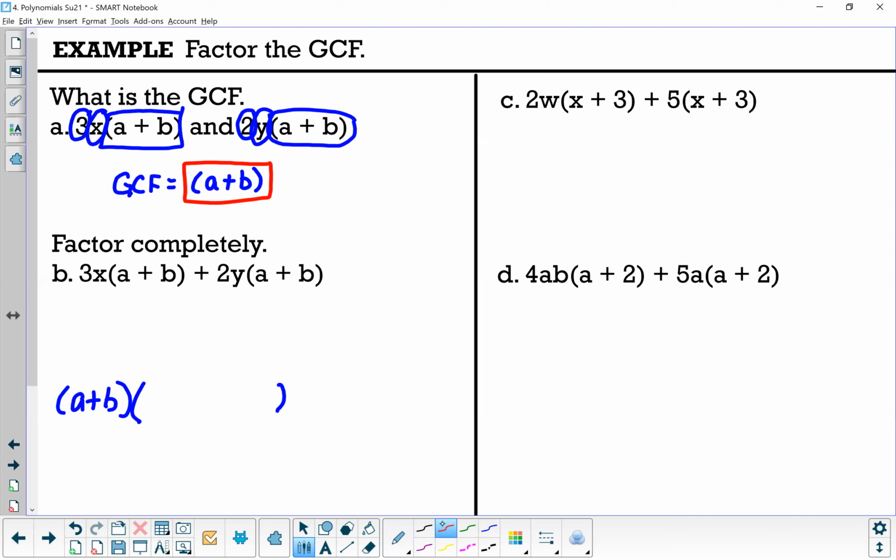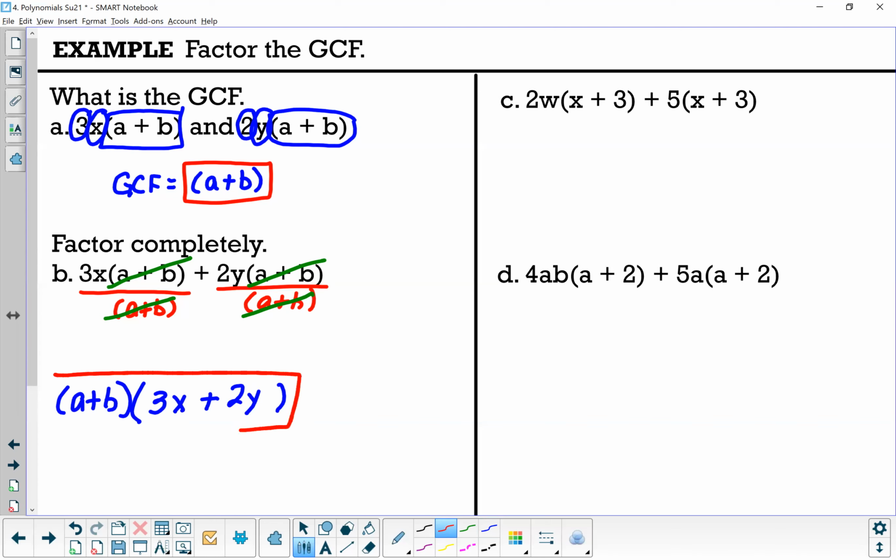And then you divide by the GCF to get your second factor. So if we look here, the 3x is left for the first product, plus the second product we have left 2y. And that is factored.